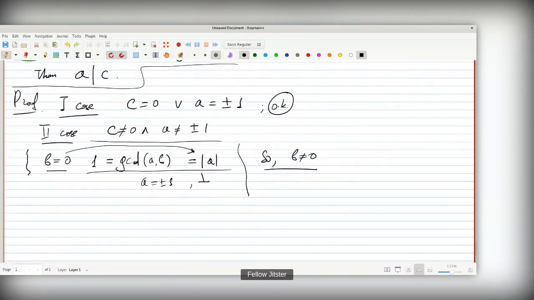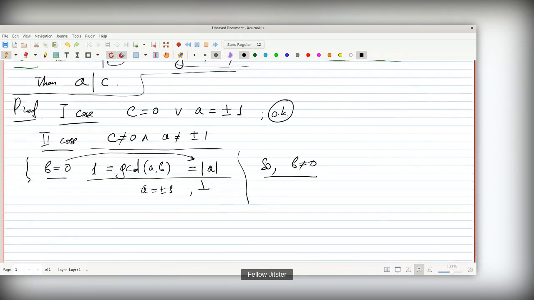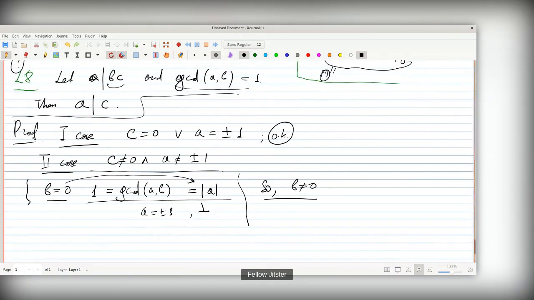C is not 0, B is not 0, so we may freely factorize these numbers. But what about A? May A be 0? No, because then B multiplied by C is not 0 either, and as A divides their product, that means that A is not 0.